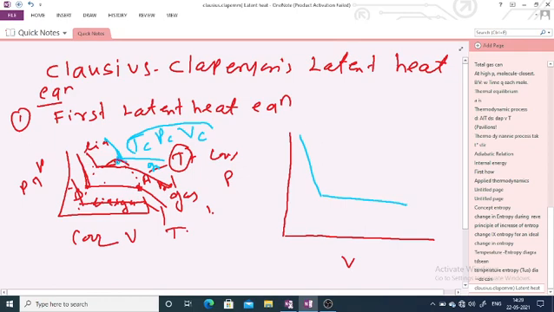We can draw one isothermal curve for temperature T, with points A, B, C. Then we can plot another curve.